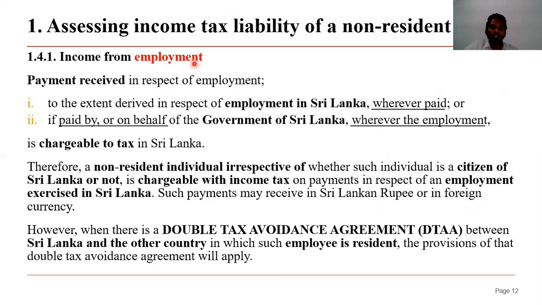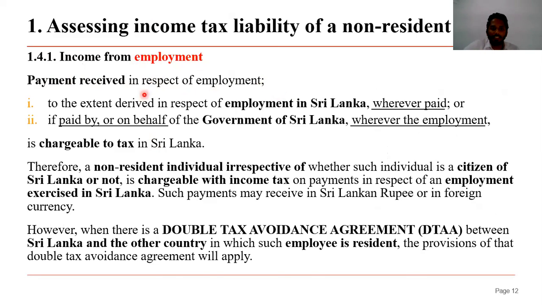Employment. Employment is a matter of how to determine employment and how to tax them if it is a non-resident person. Then the payment received in respect of employment. Payment received in respect of employment, I read this one because it is important. It says in section 73, and section 72 referring to section 73.